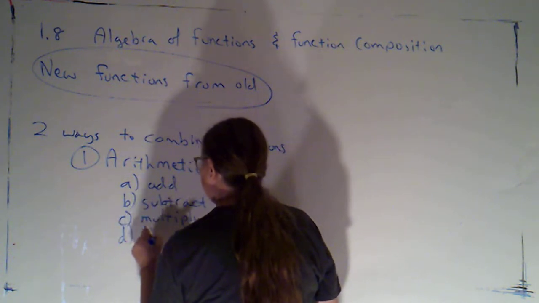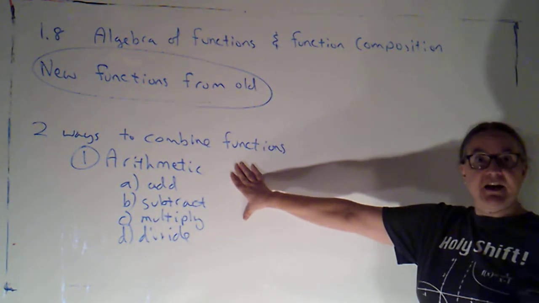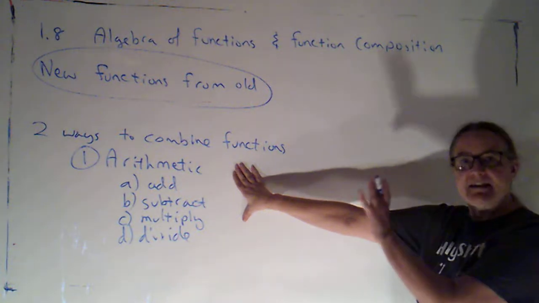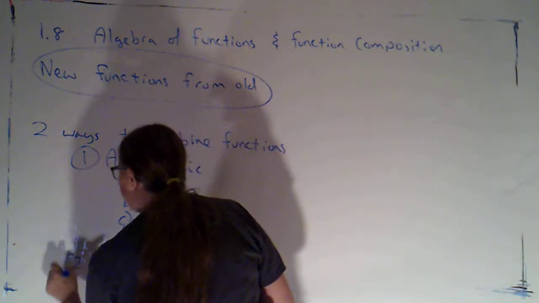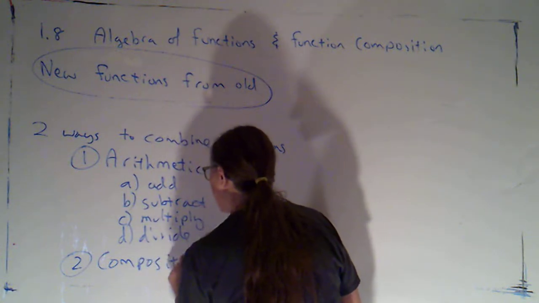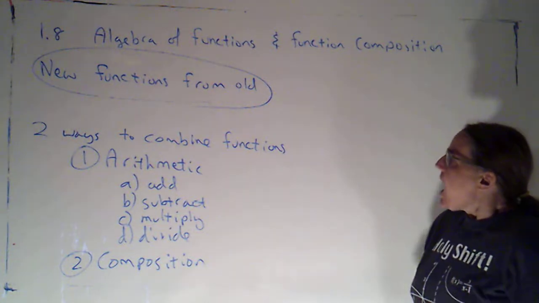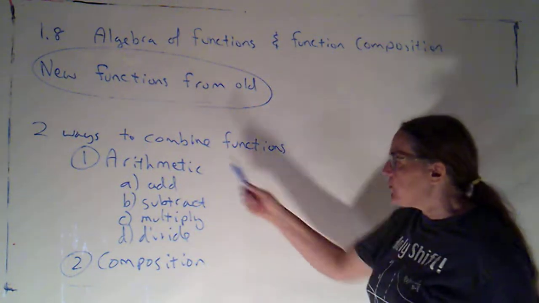And I can divide. The arithmetic combinations is what we're going to be taking a look at now, but the second big way that we have of combining functions is something called composition, and we'll be taking a look at that in a little bit. Okay, let's just start with some arithmetic.